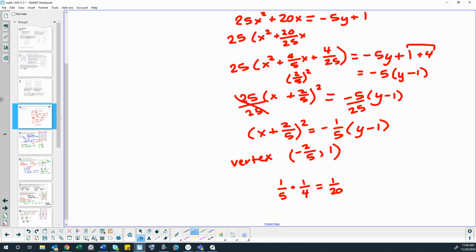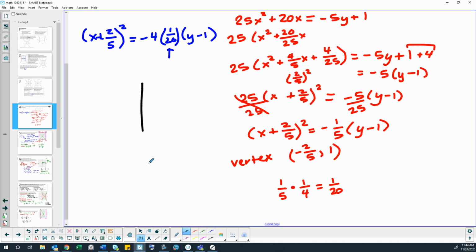So in other words, I'm going to write this over here. We would have x plus 2/5 squared equals negative 4 times 1/20 times y minus 1. So that is our focal length.